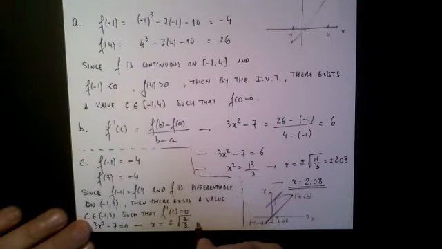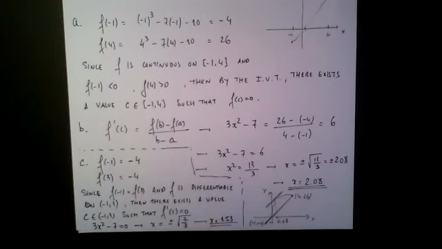Okay, so it's just going to be 1.53 about. But technically, did we need to write the value in the answer? So the value of x, or did we just need to say that there was one? Oh, you just need to say that there was one. Okay, cool. Exactly. In the question, it just says show that there is one.